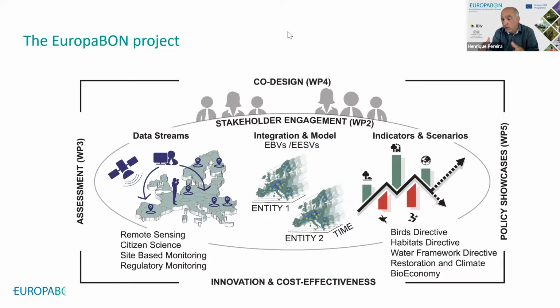And today we're going to hear about the first major deliverable of the project, that is exactly the user needs assessment report, where we have tried to identify the landscape across stakeholders in Europe of user needs regarding biodiversity monitoring.